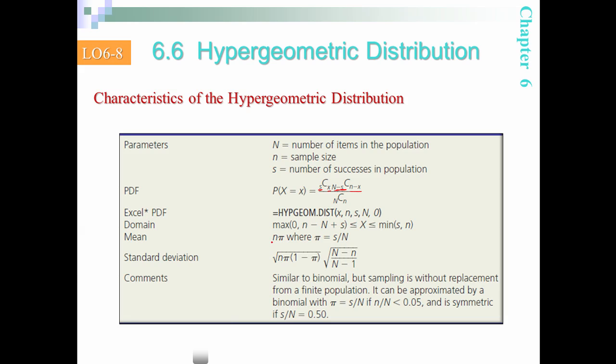So the mean is going to be n times pi, where pi is the initial ratio of successes in the population, so s over capital N, and the standard deviation is the square root of n times pi times 1 minus pi. Now these things look kind of like what we had with the binomial distribution, and sure enough they are.